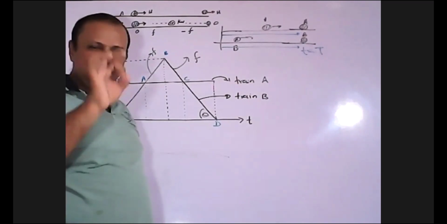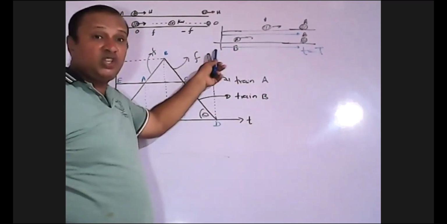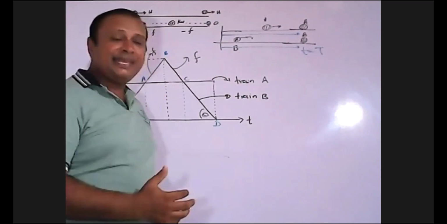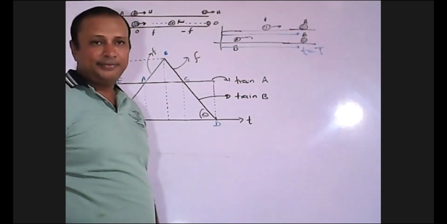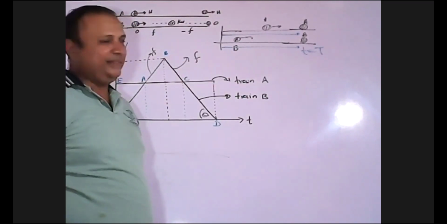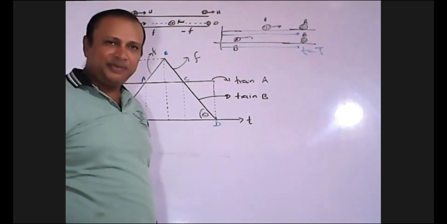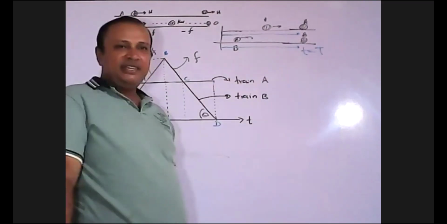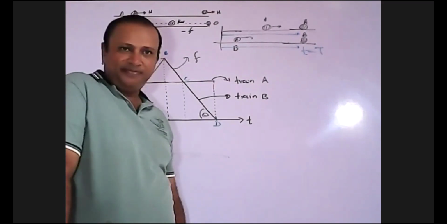Okay, that is the requirement because they have started their journey or movement at the same instant and same starting point. Okay, therefore, the displacement within a certain time period should be equal.